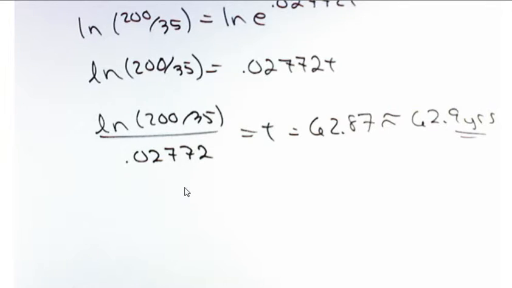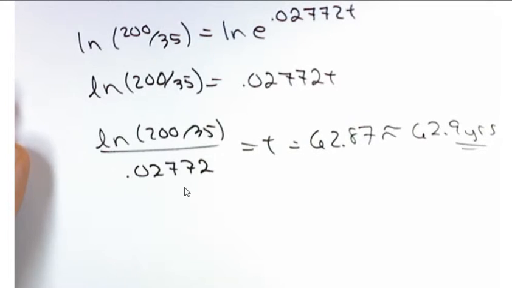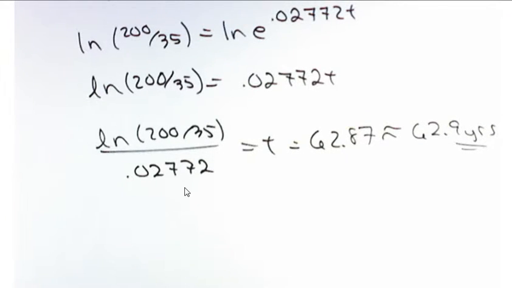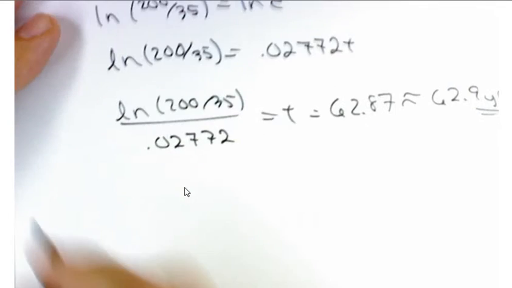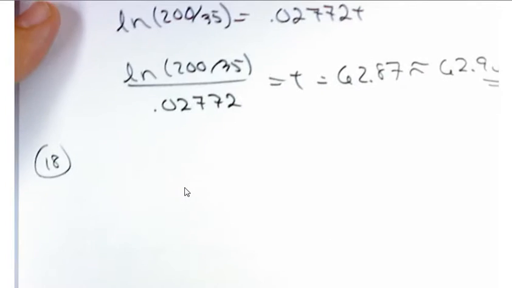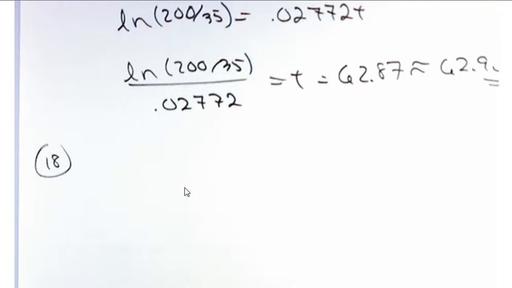Let's look at radioactive decay. Problem number 18 says the half-life of cesium-137 is 30 years. Suppose we have a 10-gram sample. Find the function that models it. So we're going to be doing two different models, kind of like we did with problem number 10.